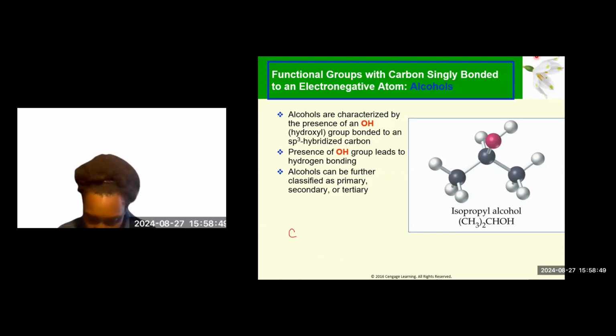Whereas if I have a carbon that has an OH group on it, but this carbon here is connected to two carbons, this is considered secondary.